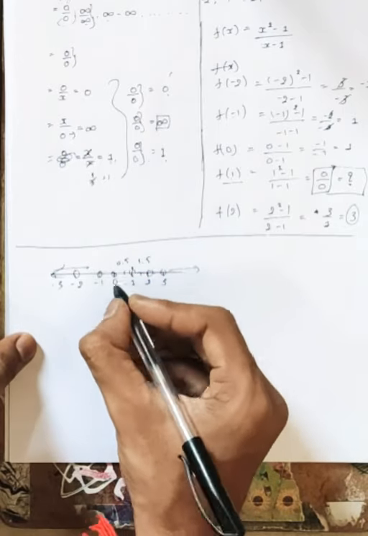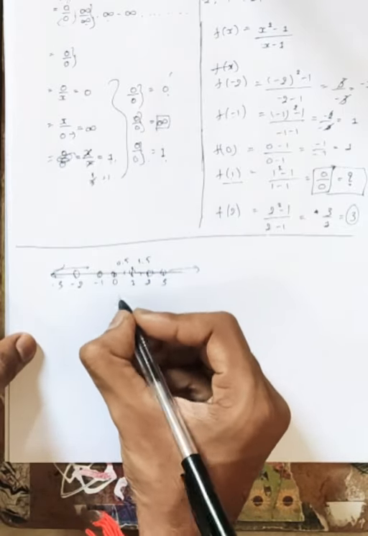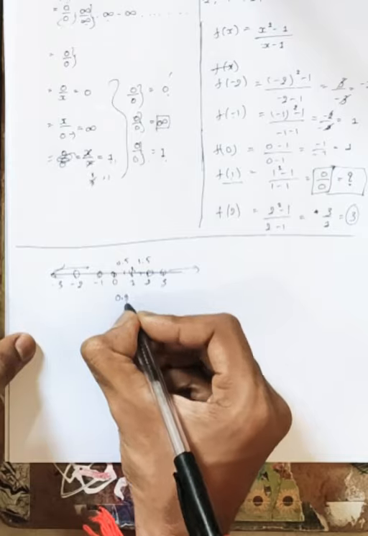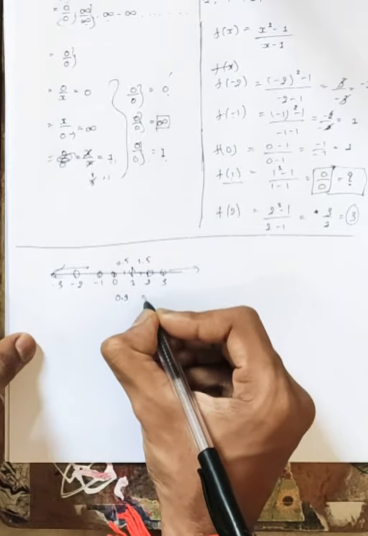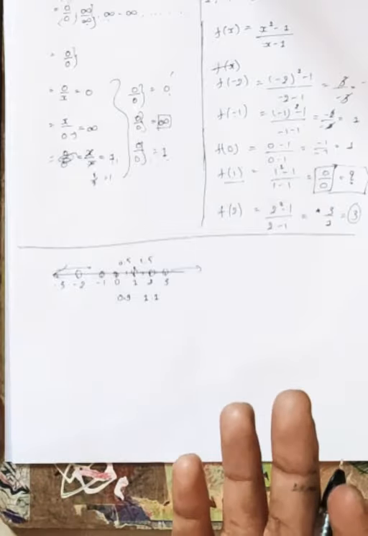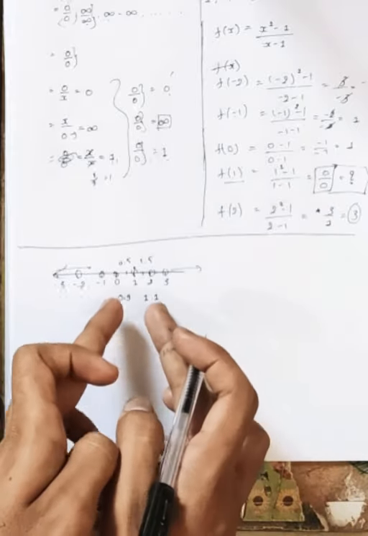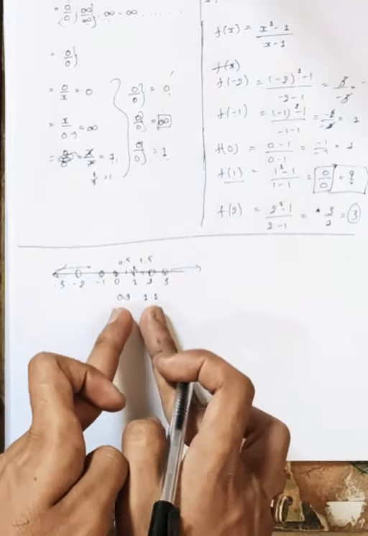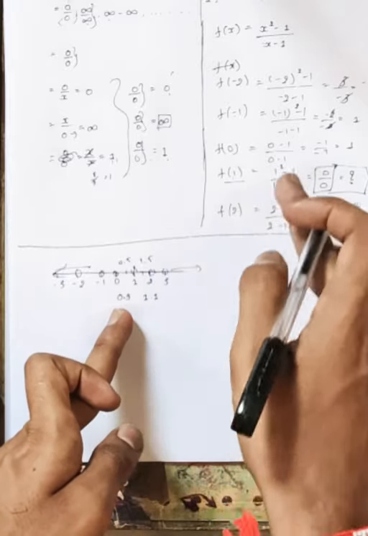Now see, from the left side the very near value to 1 is 0.9, and from the right side it's 1.1. So what they thought was, by finding the values of these two, we can approximate the value for 1.